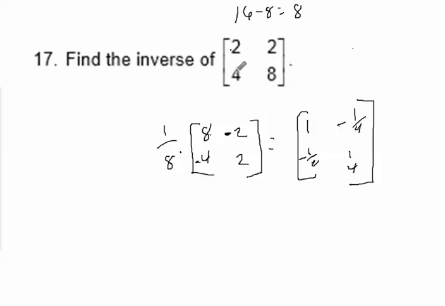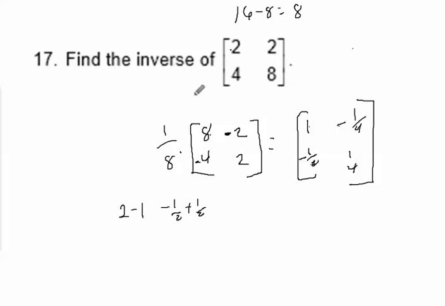So, if I take 2 times 1, I'm going to get 2 minus 1. That would be 1. Then if I take 2 times this, I'm going to get negative 1/2 plus 1/2.